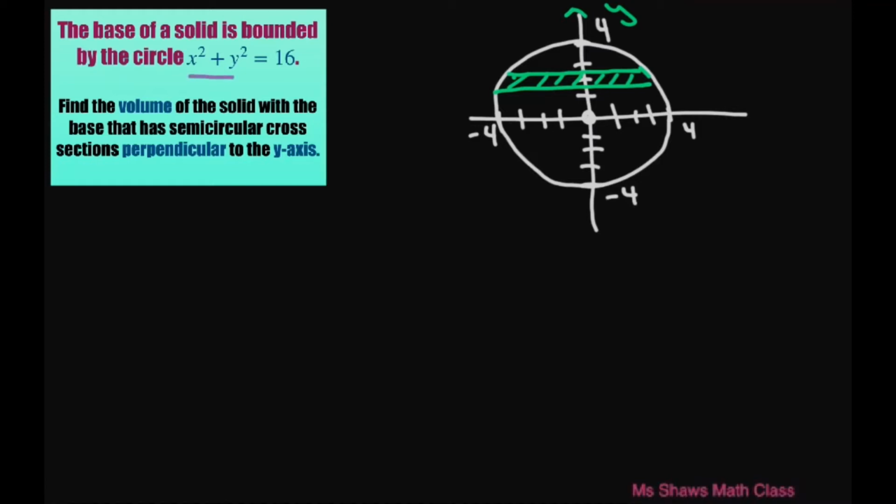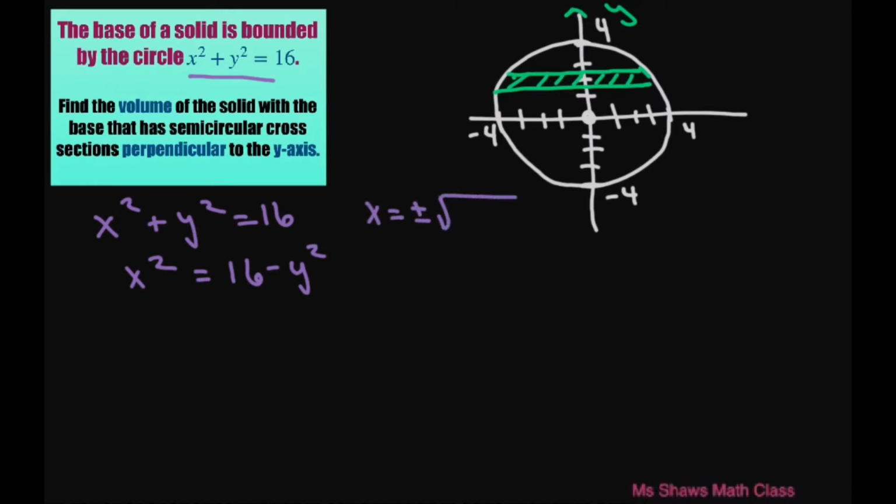So if I solve for x, I have x squared plus y squared equals 16. So x squared equals 16 minus y squared, and therefore x equals plus or minus square root of 16 minus y squared. Now, the plus part is this side of the x.